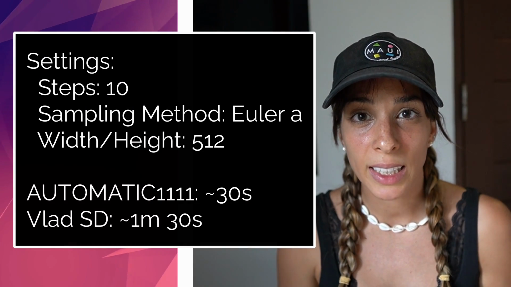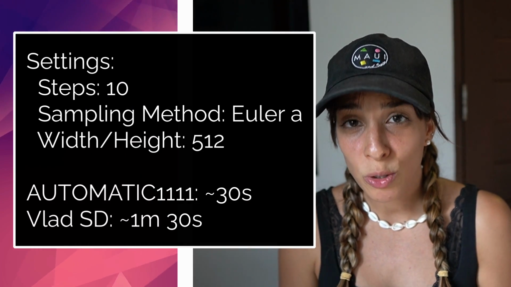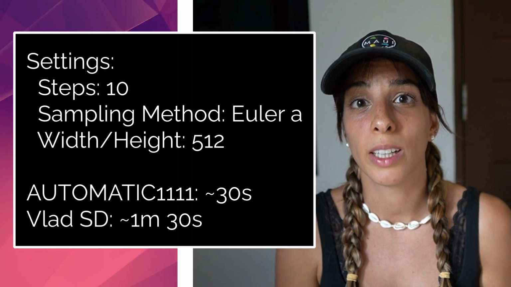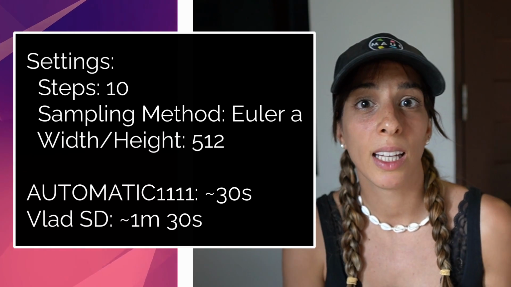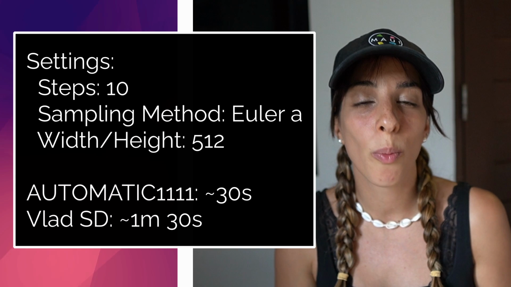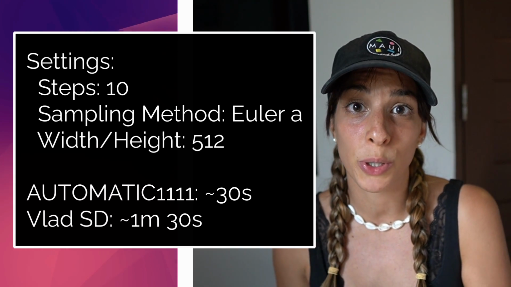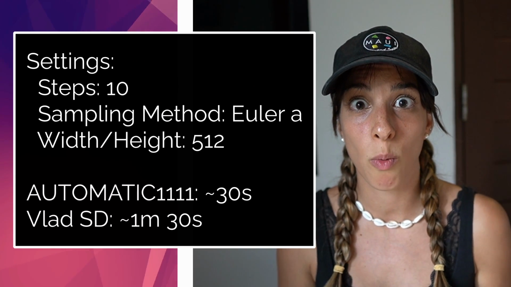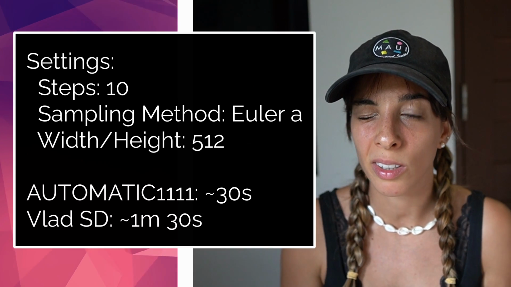And from this test I made, at the moment, this is not true. Using the same model, using the same settings, I'm finding that Automatic1111 is quicker in generating an image. It's taking 30 seconds on average compared to Vlad Stable Diffusion, which is taking around 1 minute 20, 1 minute 30. That's the average of all the images I generated so far.